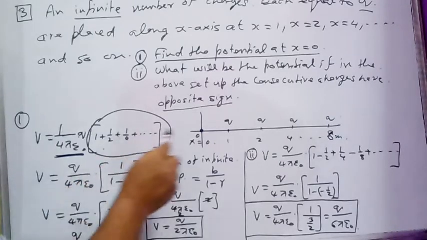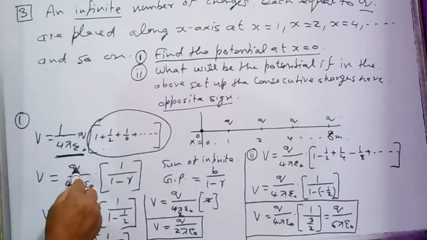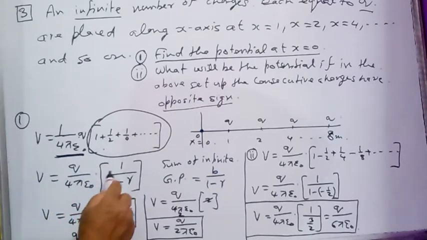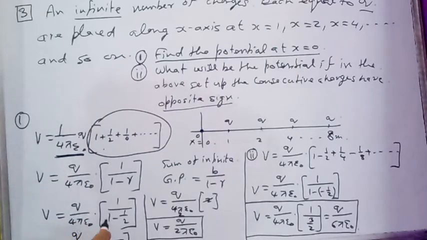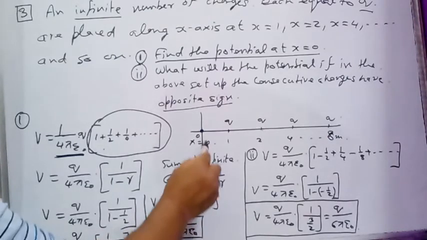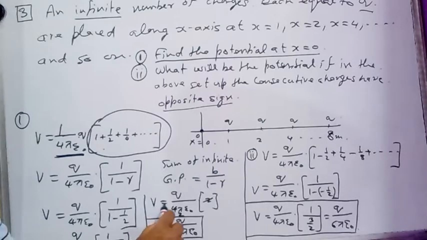So potential at point O can be written as Q divided by 4 pi epsilon naught into 1 by 1 minus R, or Q by 4 pi epsilon naught 1 by 1 minus half. Half is the common ratio of the GP. So V is equal to Q by 4 pi epsilon naught 1 divided by 1 by 2, and potential at O in the first case V is equal to Q divided by 4 pi epsilon naught multiplied by 2. 2 cancels and the answer is V is equal to Q divided by 2 pi epsilon naught.